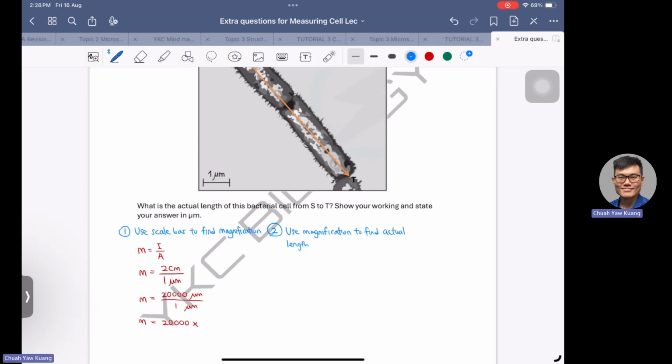It is the same thing; we still apply the magnification formula: magnification equals the image over the actual.